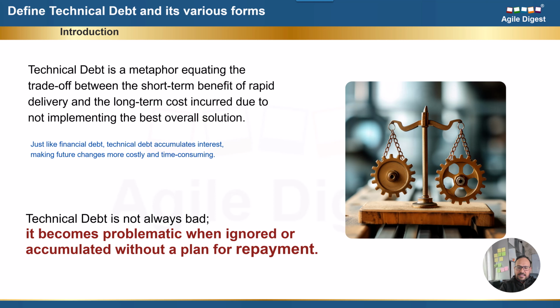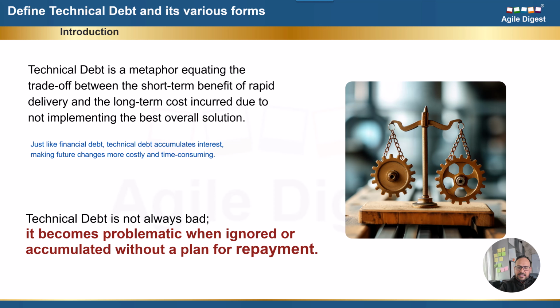So when we talk about the causes, technical debt can arise from various sources: rushing to meet deadlines at the expense of quality, gaps in team knowledge, the evolution of project requirements, and the relentless pace of technological advancement. Understanding these causes helps us mitigate the risk associated with acquiring technical debt.